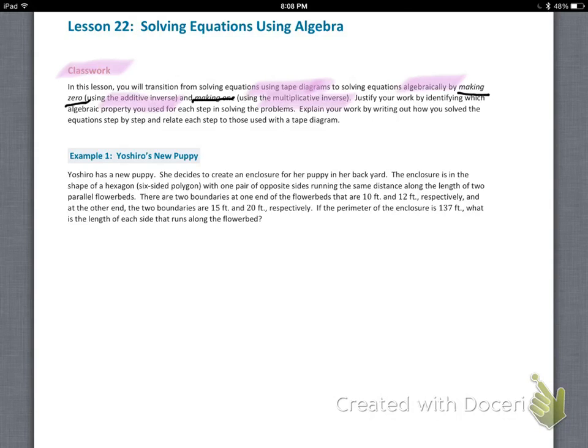Justify your work by identifying which algebraic property you use for each step in solving the problems. Explain your work by writing out how you solve the equation step by step and relate each step to those used with a tape diagram.